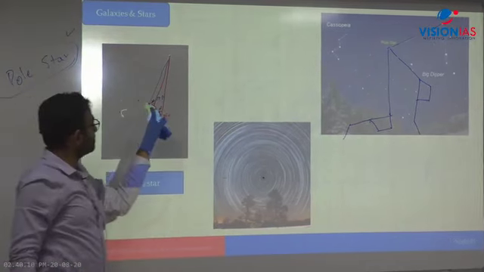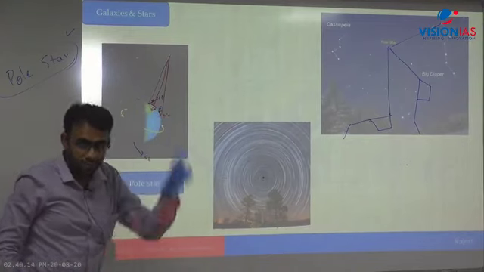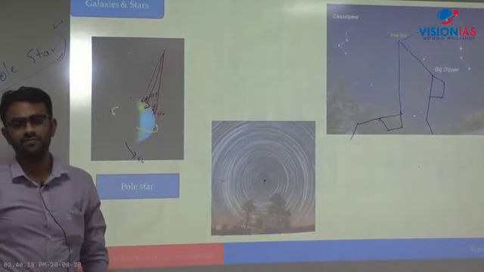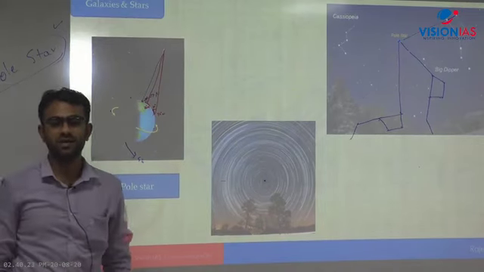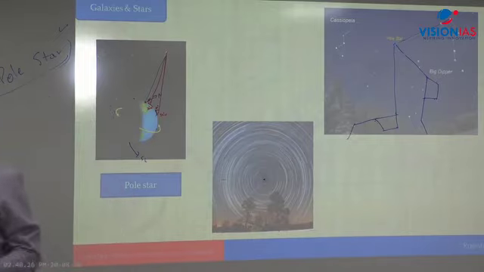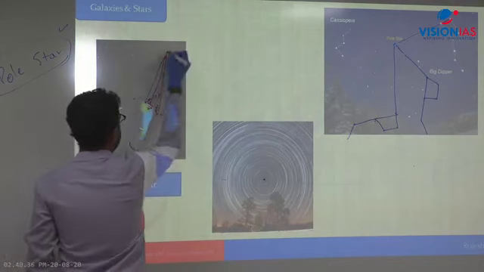So try to imagine this. The position of the pole star is always constant in the night sky. It is always stationary in the night sky. It will not change in the night sky. But the angle at which this pole star is visible would vary from one latitude to another. The angle at which pole star is visible from the pole is 90 degree.